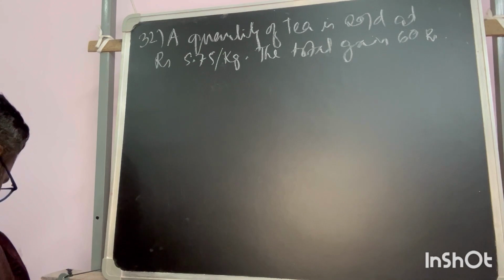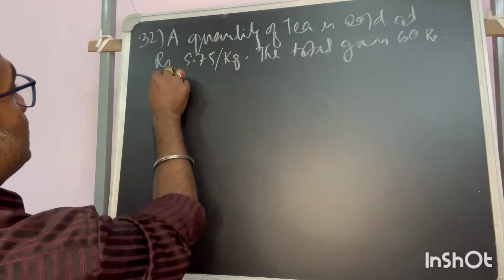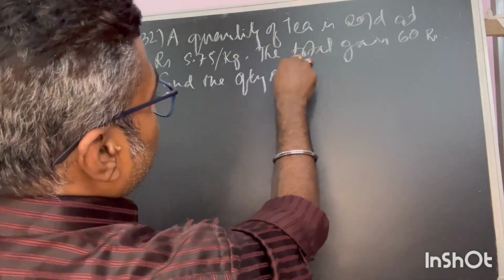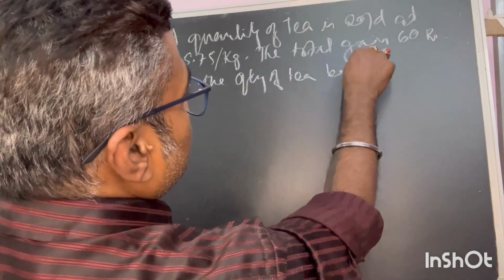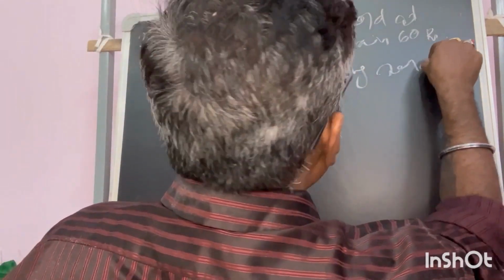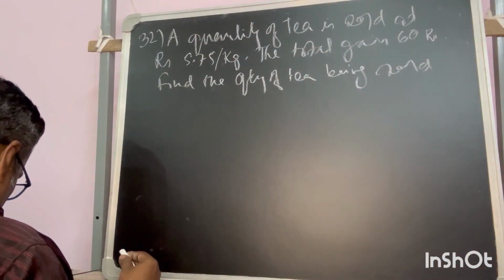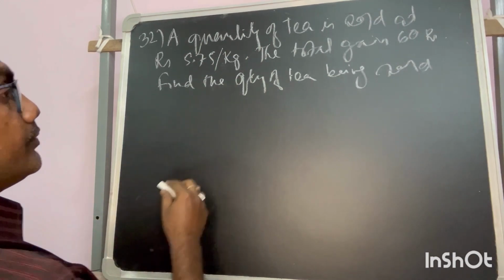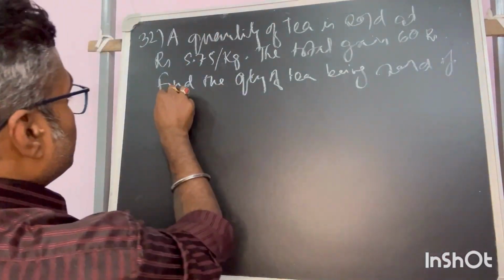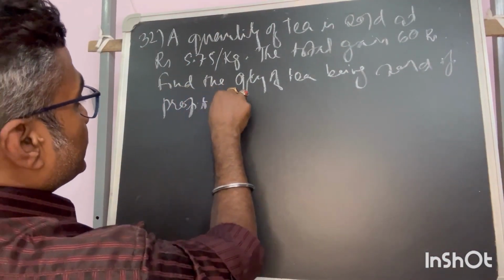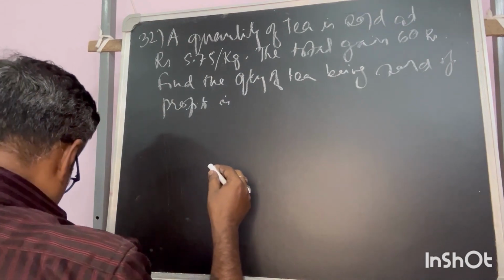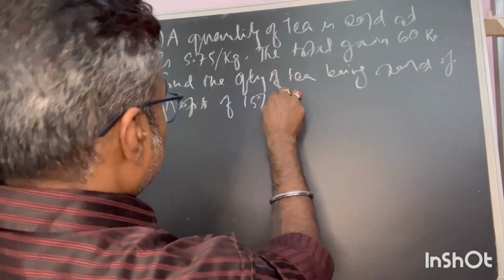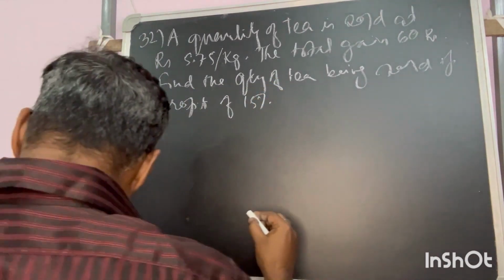Then find the quantity of tea being sold if a profit of 15% is made on the deal.